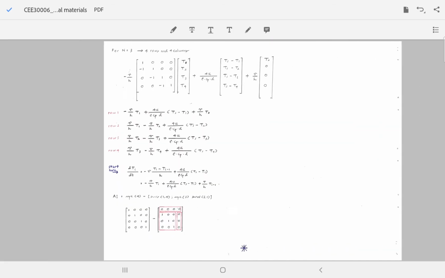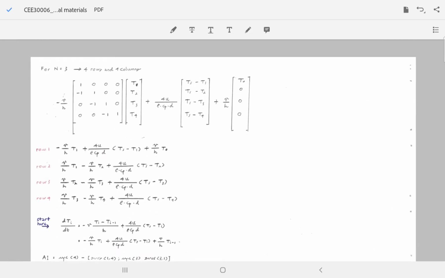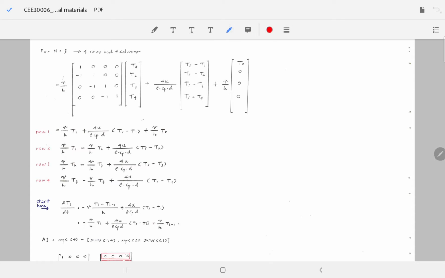I want to discuss a simple problem. Let's say we have n equal 3. If we have n equal 3, then we will have 4 ordinary differential equations: row 1, row 2, row 3, row 4. This will be the first one that you need to frame after you change your PDE into a set of ODEs.